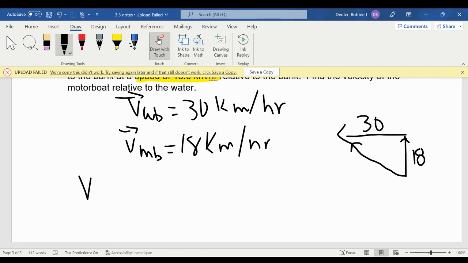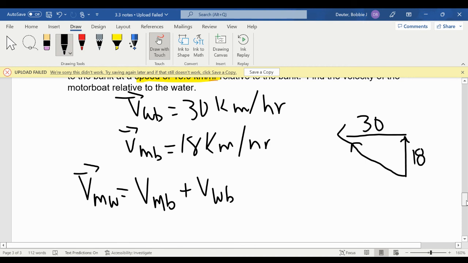We're going to put MW, the motorboat in the water, is going to be used to MB plus R vector W, boat, water near the bank.